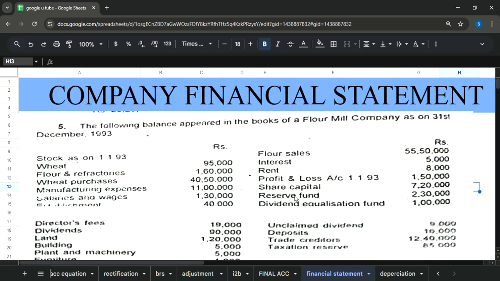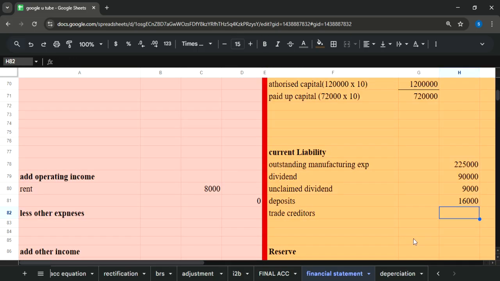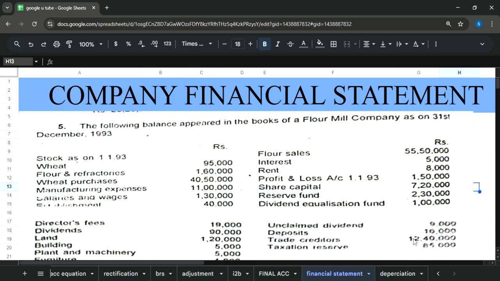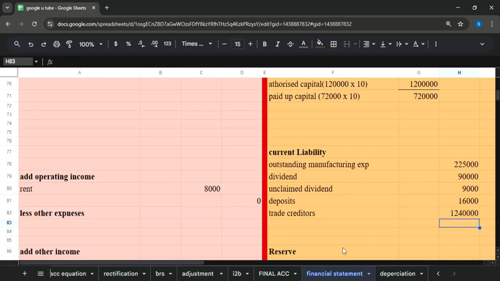Let's see how much amount it is. 1,240,000. Just mention the amount in front of trade creditors in current liability. Another reserve, that is taxation reserve. Hopefully we have the space.